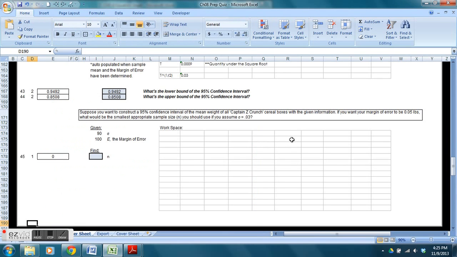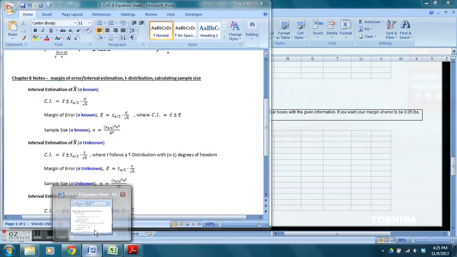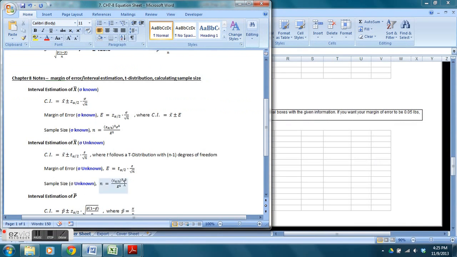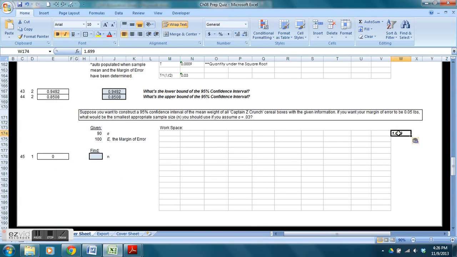But I tell you to assume sigma, this population standard deviation. So we're not assuming the sample standard deviation, we're assuming the population standard deviation. So we want to use the one where the population standard deviation is known. This is our equation.